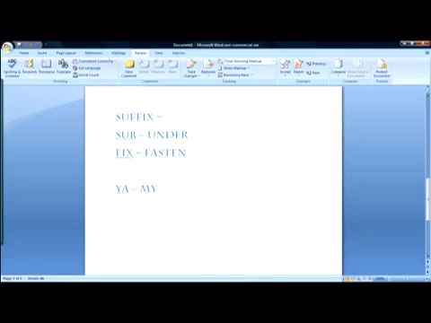Now the word for bread is lacham. That's the word for bread. Now if you want to make it my bread, you would make it lacham Yah, which means my bread. So whenever you see the Yah at the end of a word, if it's not connected to the word, it means my.